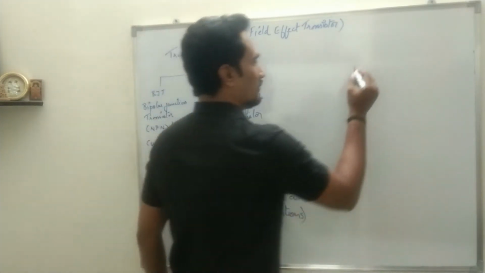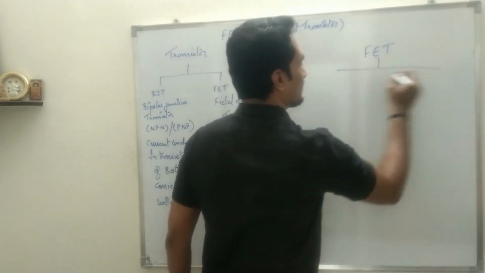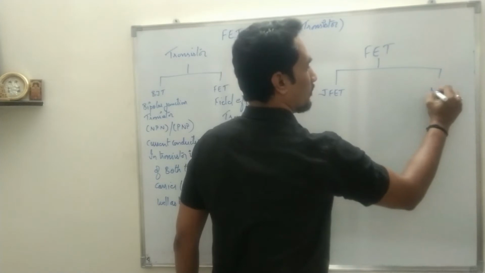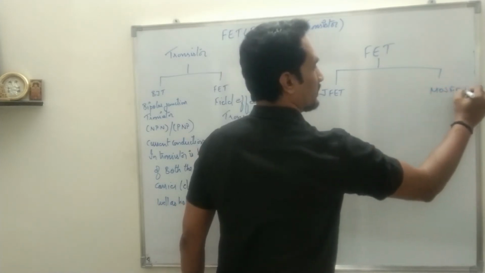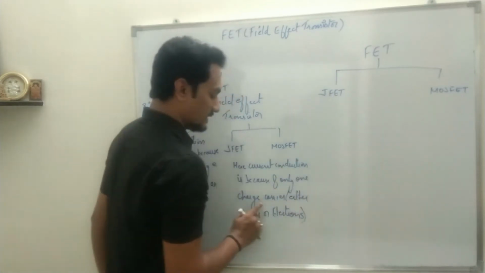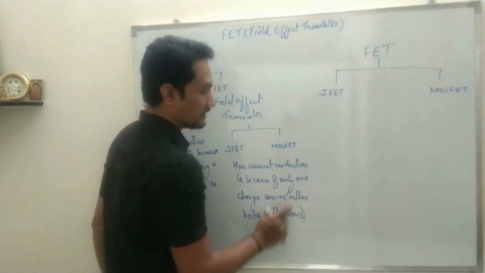Now, further, when I elaborate field effect transistor, as I said, it is JFET and MOSFET. And the current conduction will be because of only one charge carrier, either holes or electrons.